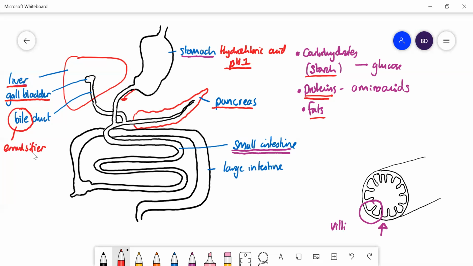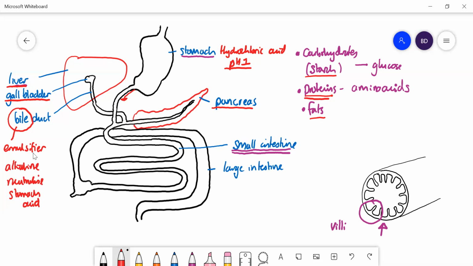Also, the bile is slightly alkaline, and that's really important because it will neutralize the stomach acid. If that didn't happen, then the pancreatic enzymes, which work best at pH 7, wouldn't be able to work.